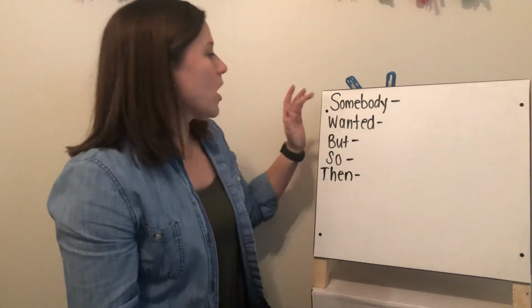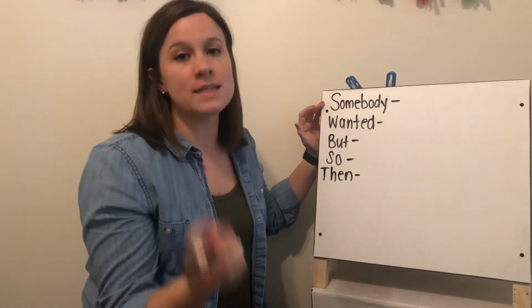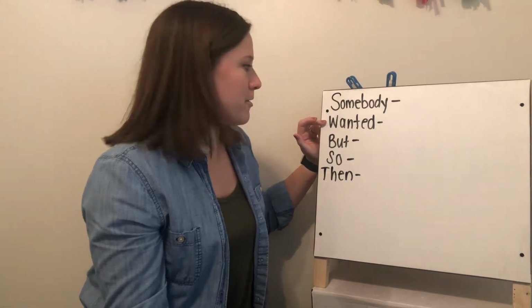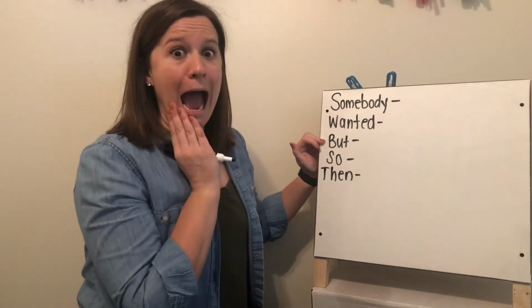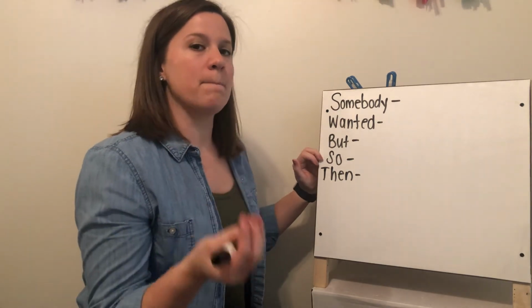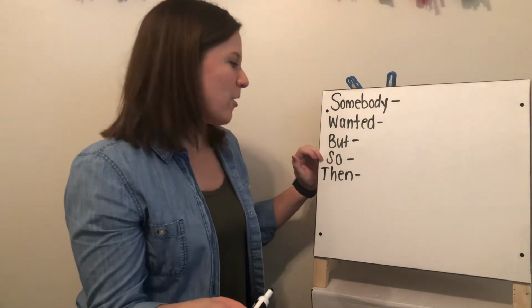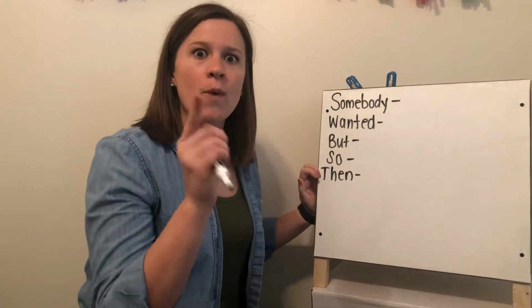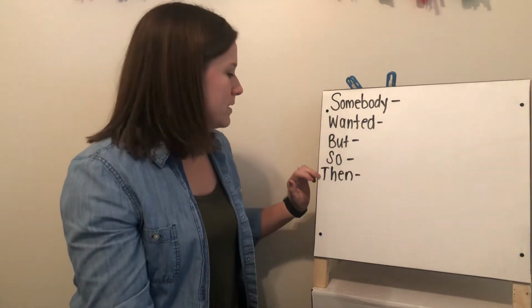Now remember, for our summary we ask, who is the main character? Wanted, what did that main character want? But, what was the conflict? So, what are those important events that help the character maybe solve that conflict? Then the resolution. What was the resolution?